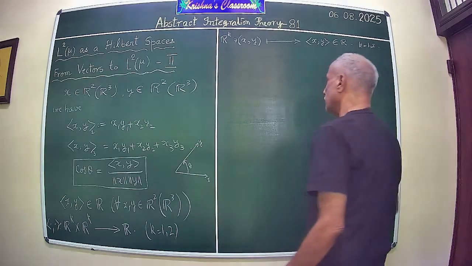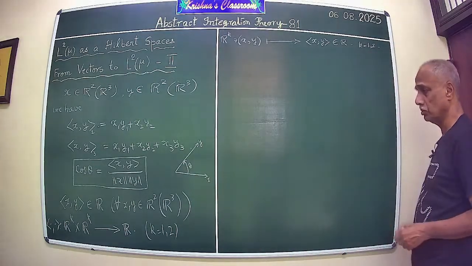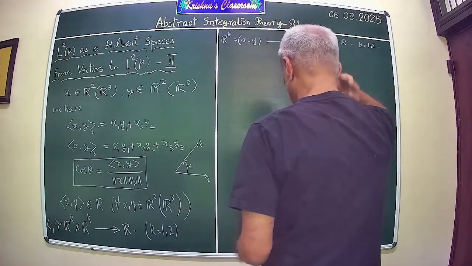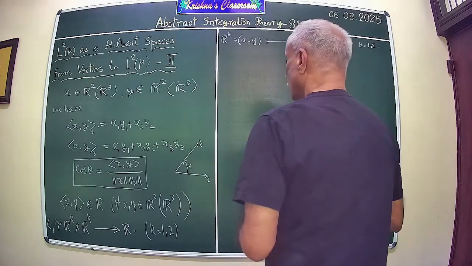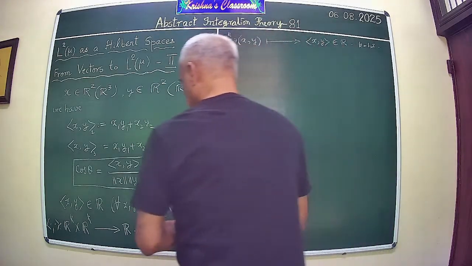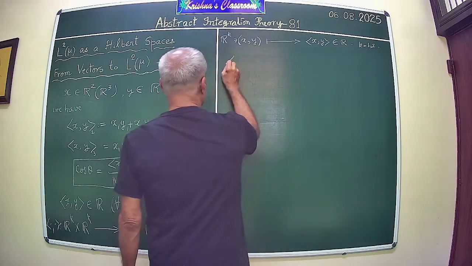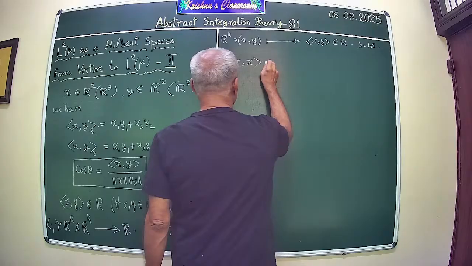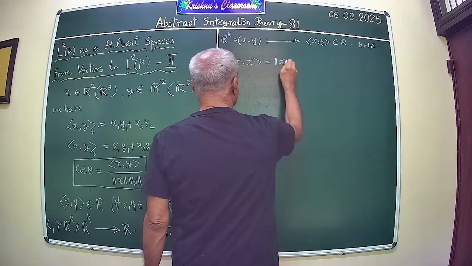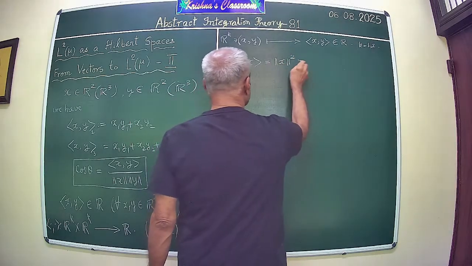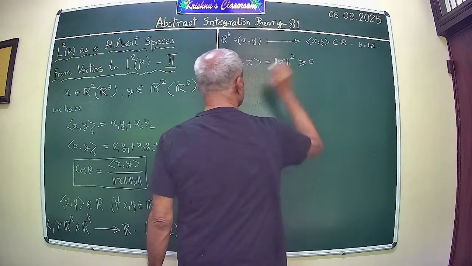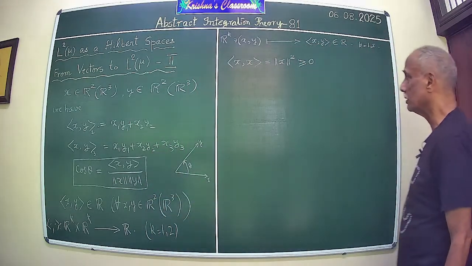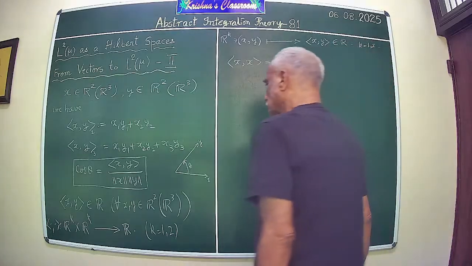This is the place where we already know the geometry. That's why I am just sticking to k equal to 1, 2. What further properties are there? We have observed that this is greater than or equal to 0. So that gives what is called the square of the norm.